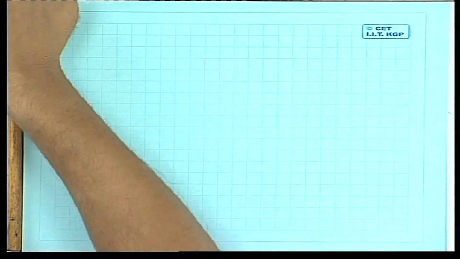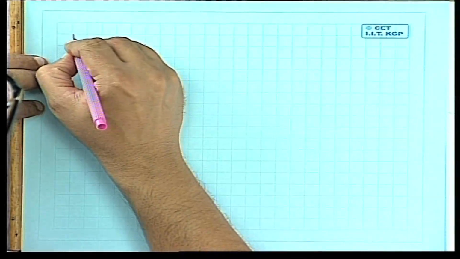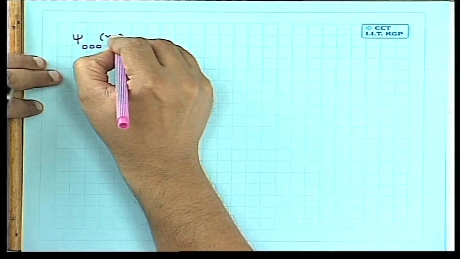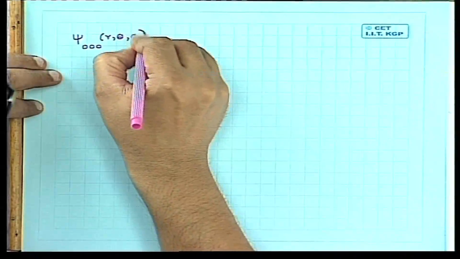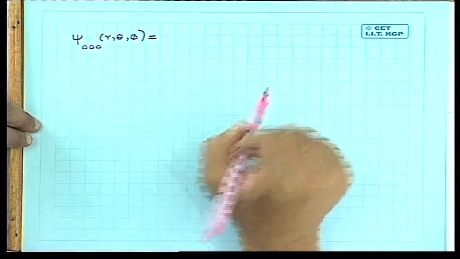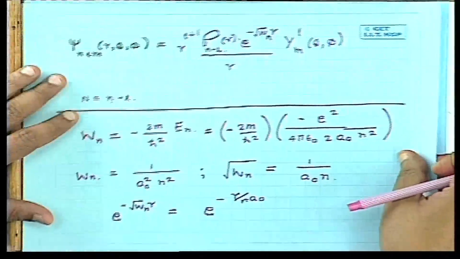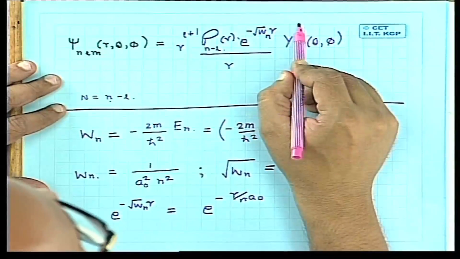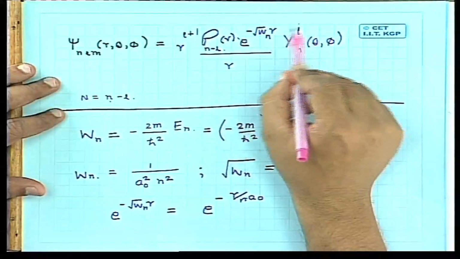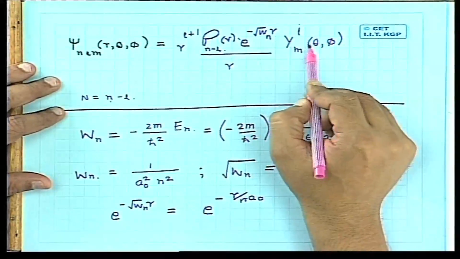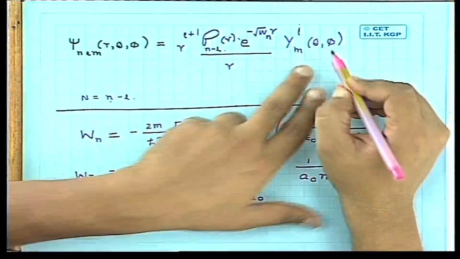So, psi 0, 0, 0 as a function of r theta phi. I will not determine the normalization coefficient, I will just leave that for you to determine. We know what Y, the spherical harmonic with L equal to 0 and m equal to 0 is. It is nothing but a constant, right? Y 0, 0 is a constant, it does not depend on theta and phi, so we need not bother about this.